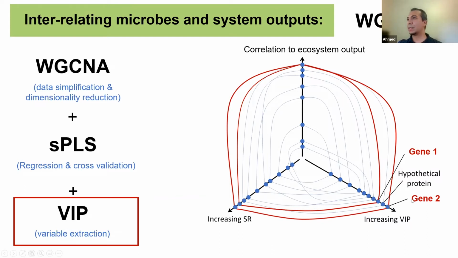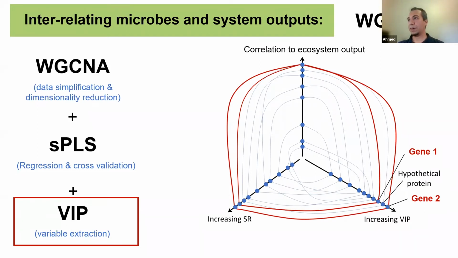On the other hand, this can also happen with the VIP score. So again, the VIP score is looking at what is driving the module variation. It doesn't really care about the relationship between your variable and the ecosystem output. It doesn't look at all at methane flux in that case. It just looks at within module variation and what are the hub genes or taxa within these modules. So you can have a very high VIP, but that does not necessarily mean that this taxon or this gene is really important to your ecosystem output.